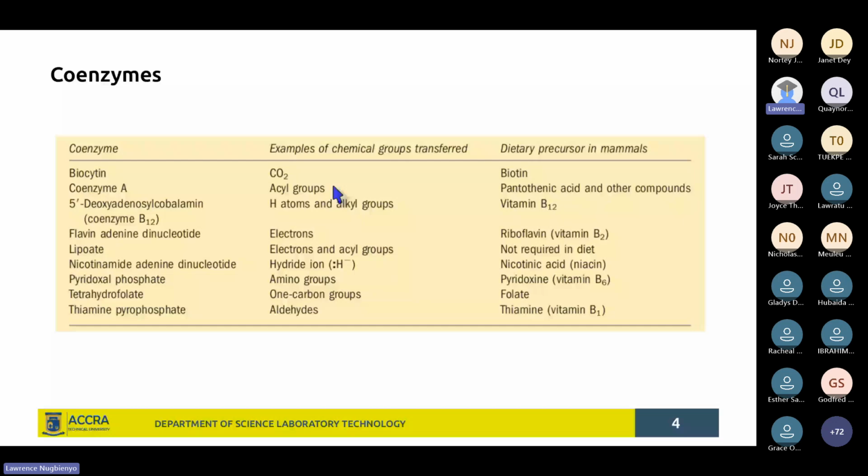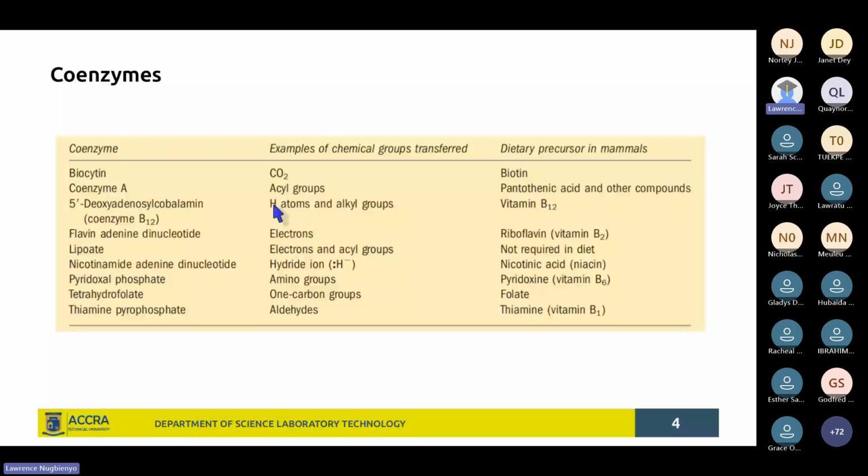Let's say you take palmitic acid and it's broken down, and you still have the carboxylic acid group there with some carbon chain on it. That's an acyl group. You have vitamin B12, which is involved in the transfer of protons.